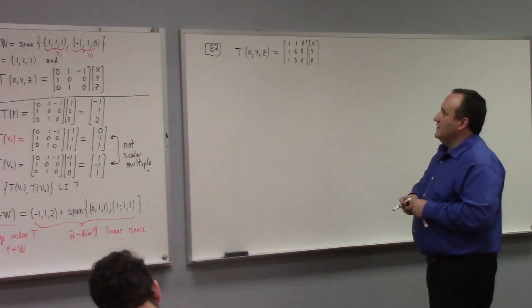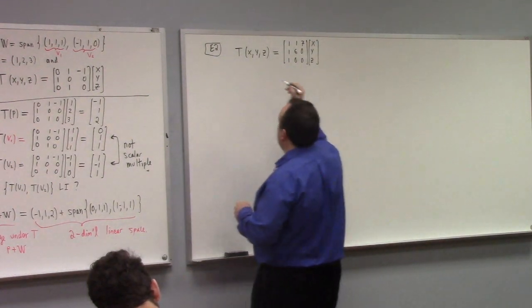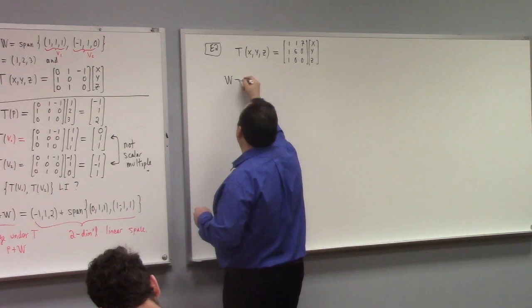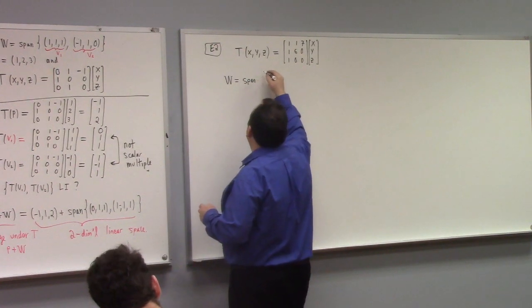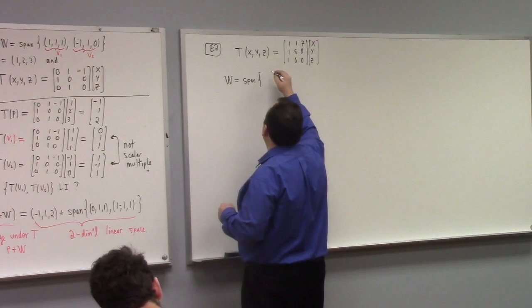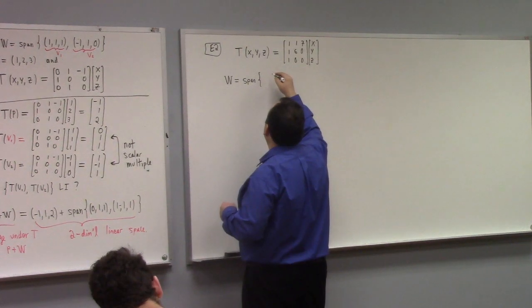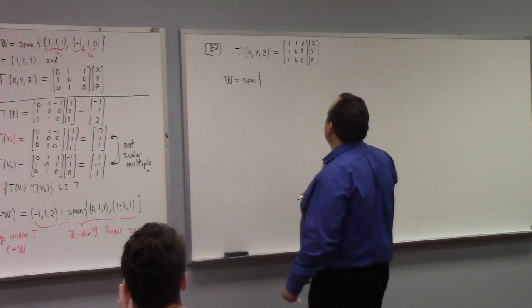All right. For this one, let's study the image. This time, let's let W equal the span of, see here. Oh, see, that's no good. That one's too nice. My bad.